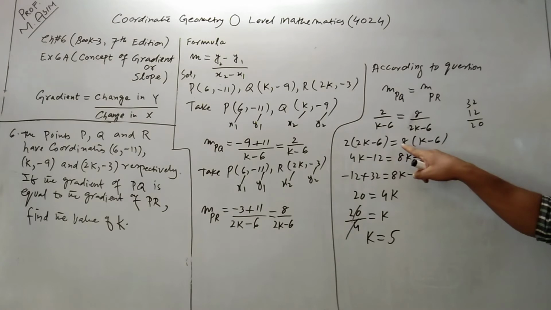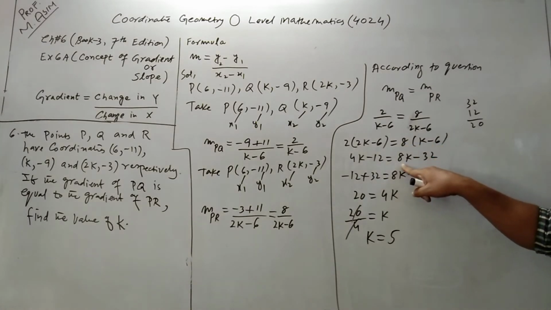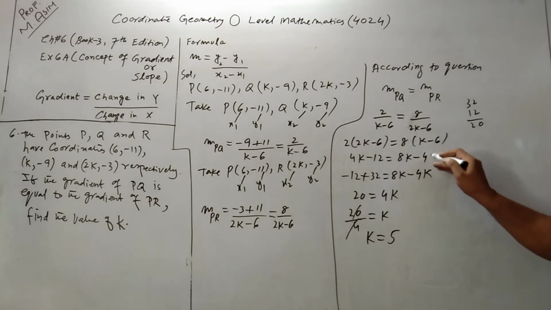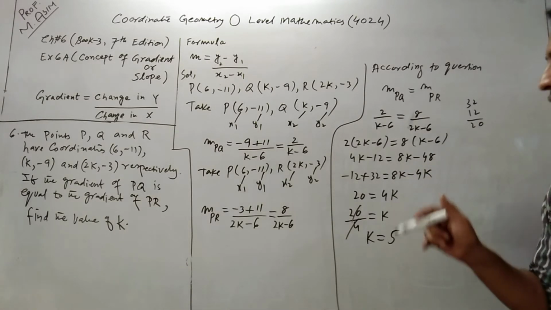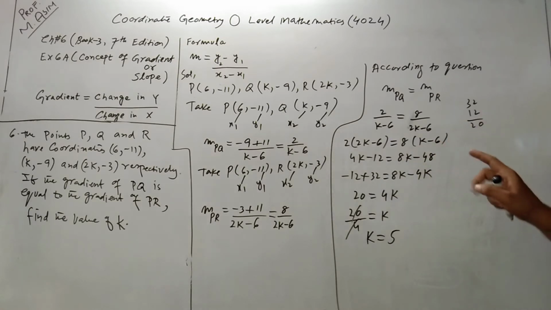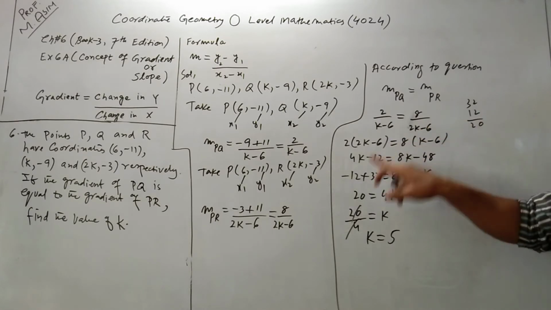See carefully. 8 multiplied by K is 8K. 8 multiplied by 6 is 48. I am sorry. By mistake, I wrote 32. But 8 sixes are 48. Therefore, move this minus 48 to this side.